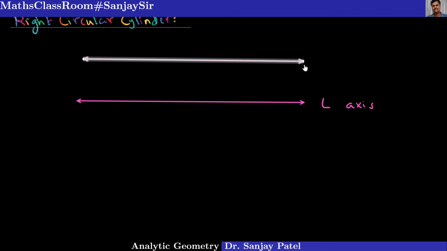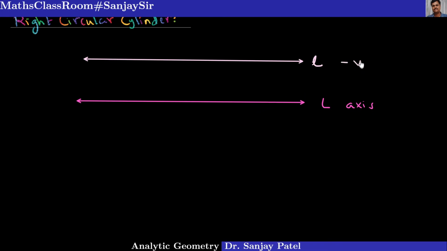Okay, fine. So this is my variable line. Now what I want is, I want distance between these two. When I revolve this line small l about the line capital L in space, then for all the positions of the line small l, the distance between this variable line and this fixed line must remain the same, that is constant.